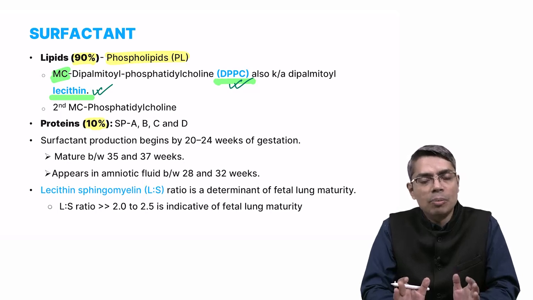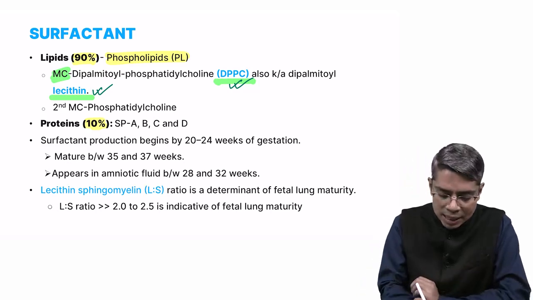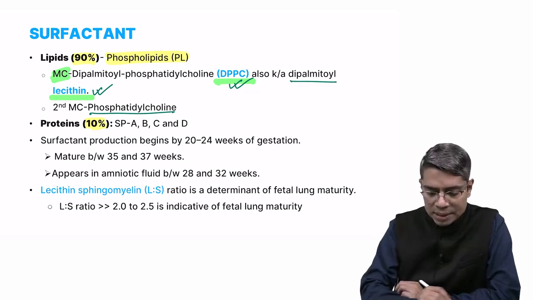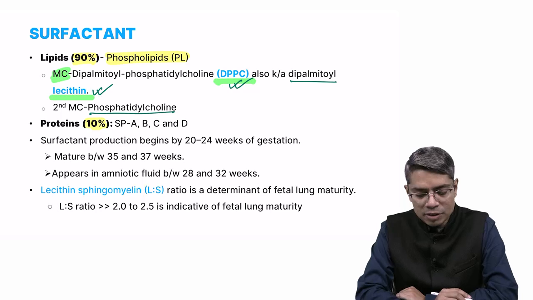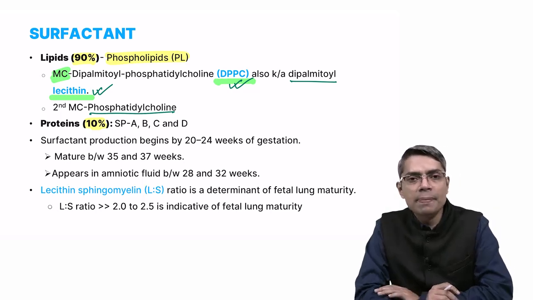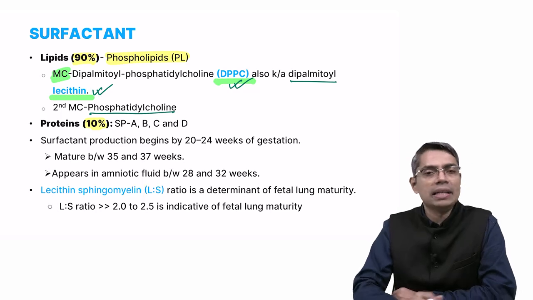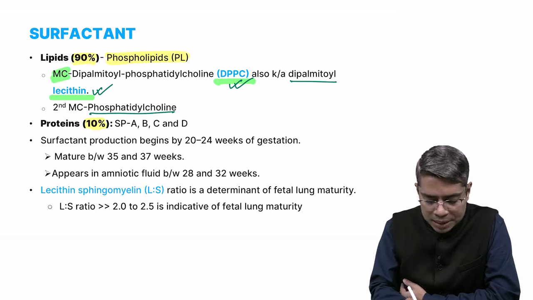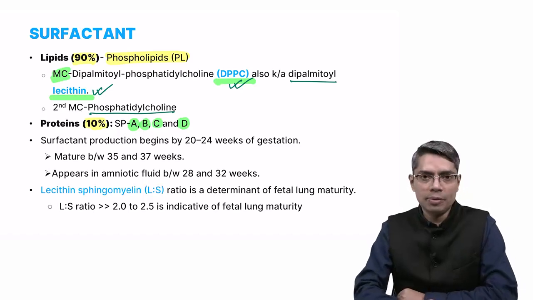That is the dominant phospholipid inside the surfactant. And the second most common phospholipid is phosphatidylglycerol. Apart from that, proteins are also there, surfactant proteins A, B, C, D, but they are not very important for MCQ.